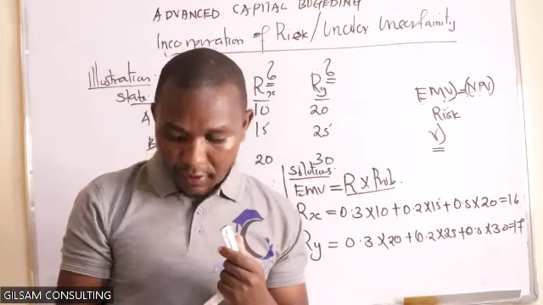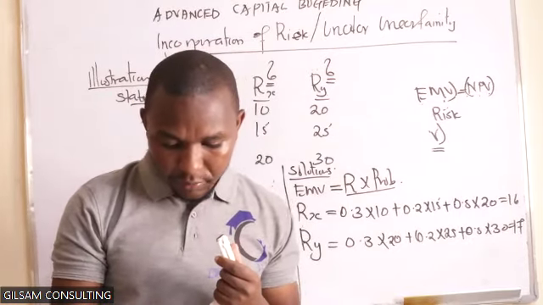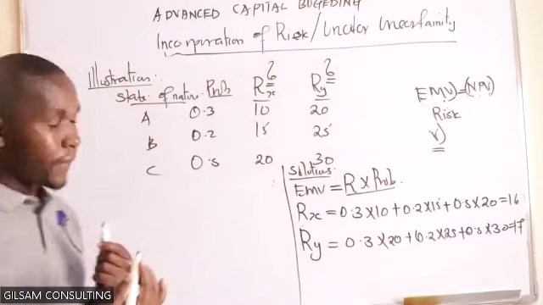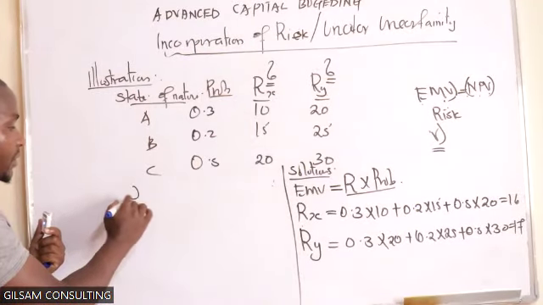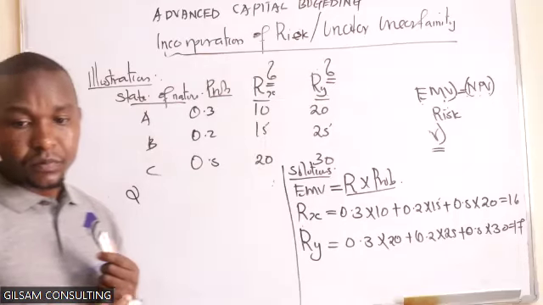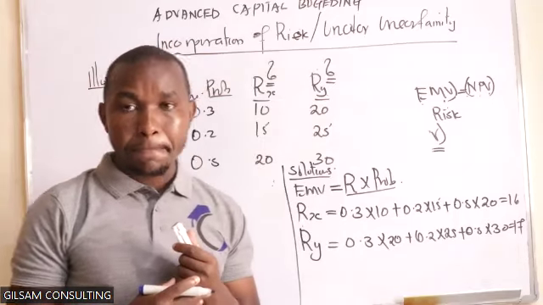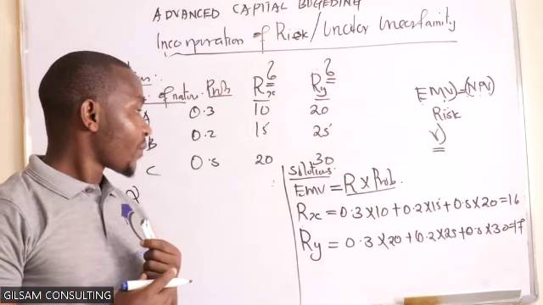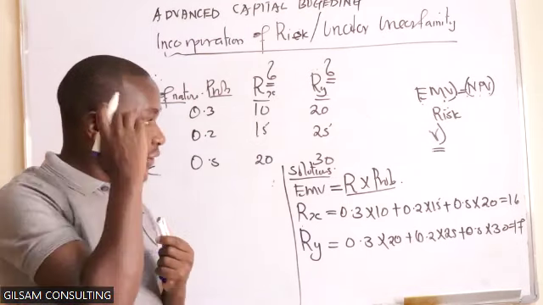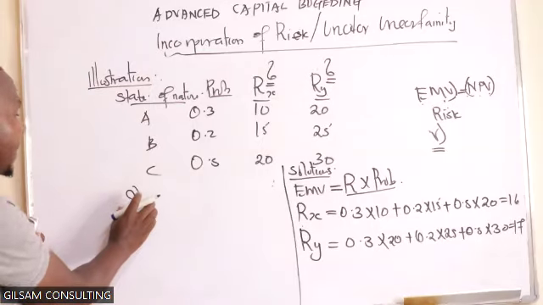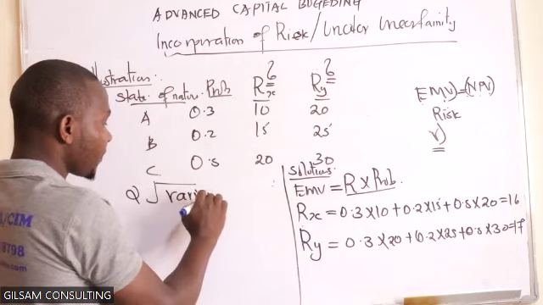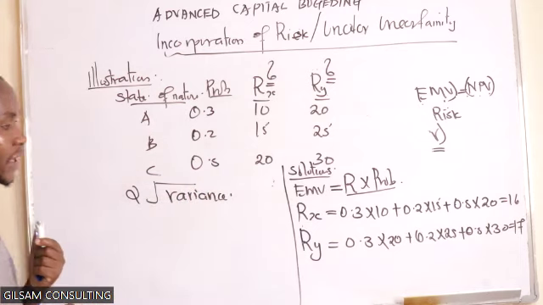Standard deviation is the summation of return minus expected return, then we square, then we multiply by the probability, then we get the square root. So simply, standard deviation is the root of the variance.